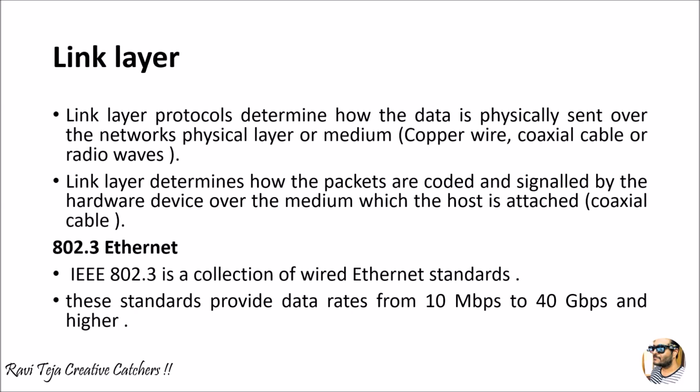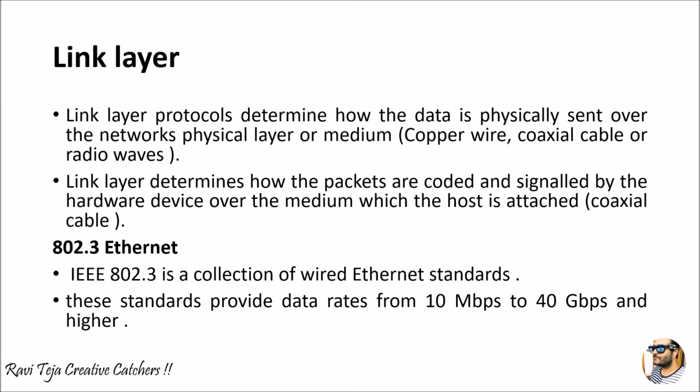The link layer determines how the packets are coded and signaled by the hardware device over the medium to which the host is attached. Whether we use a cable or a wireless medium to transmit the data, we need to follow some rules and regulations, like protocols.